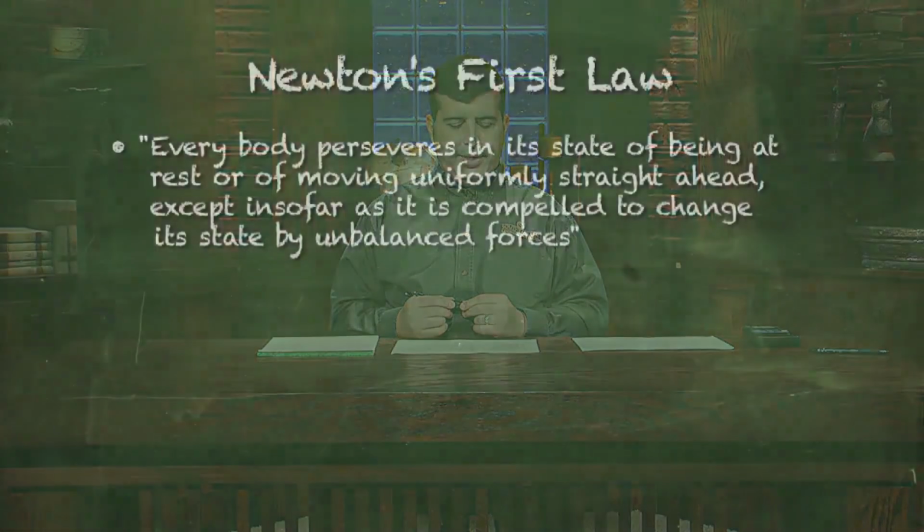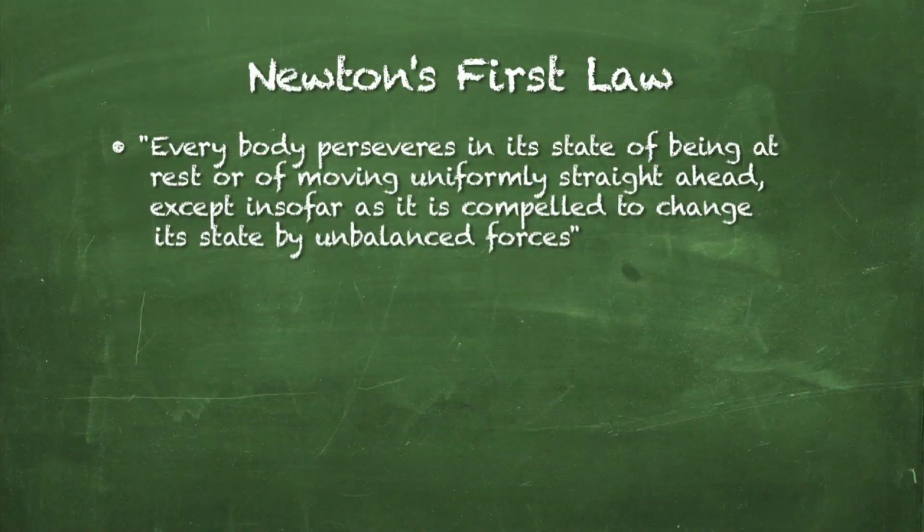I'll spare you the Latin with which Newton wrote his first law, but a direct translation of Newton's first law from Latin would be: every body perseveres in its state of being at rest or of moving uniformly straight ahead, except insofar as it is compelled to change its state by unbalanced forces. I'm going to read that again and let's think about it.